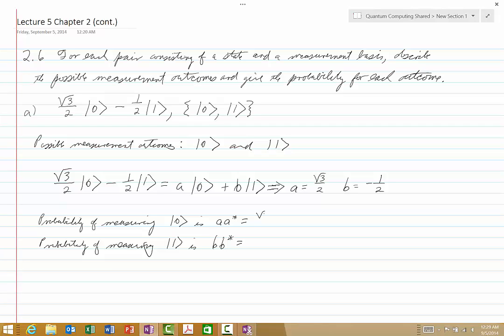We have square root of 3 over 2 times square root of 3 over 2 conjugate. And since square root of 3 over 2 is a real number, then this is just square root of 3 over 2 times the square root of 3 over 2, which is 3/4.